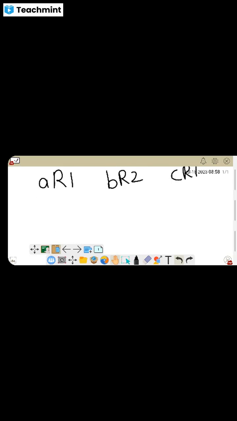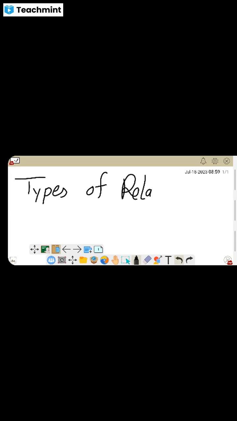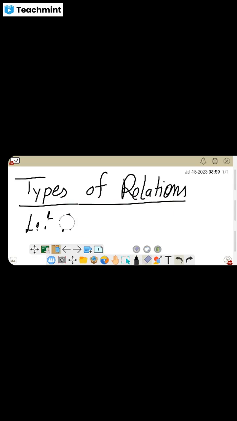So now let us understand types of relation. Let A be a non-empty set.